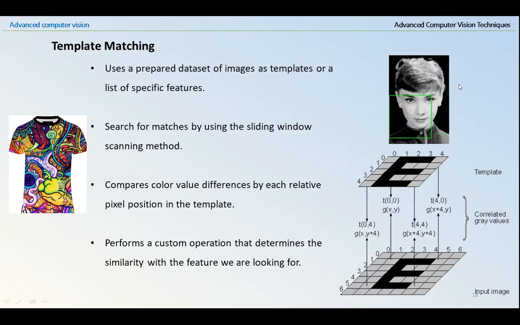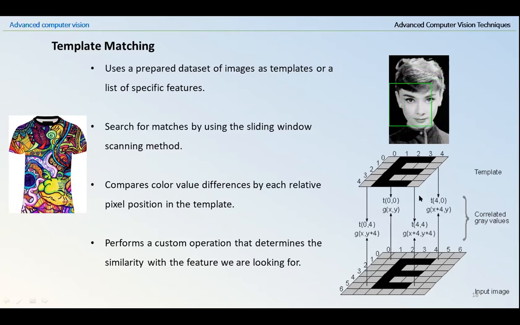That's commonly known as the sliding window. So the template is compared in this first position, then it's displaced with a specific offset and then compared again. The position with the lowest discrepancy value means that that's probably the location of the object you are looking for.